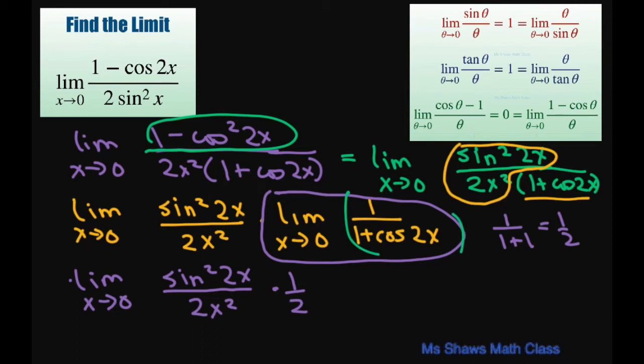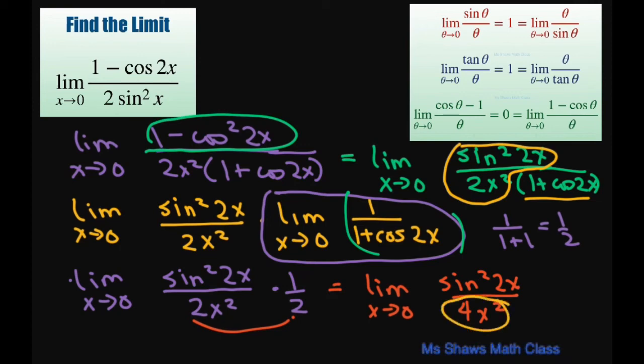Alright, so I'm going to go ahead and multiply this 1/2 times 2. You get the limit as x approaches 0 of sine squared of 2x divided by 4x squared. This can be written, and I'm going to do it on the next slide, as (2x) squared. So let's do that.